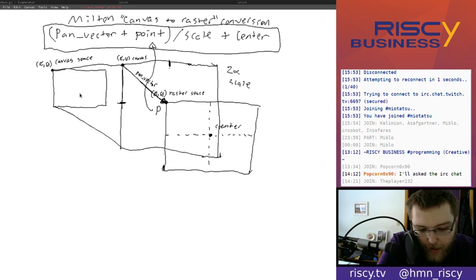Essentially, what we're looking at here is, this is the 1x scale here. So we're looking at this essentially, but it's blown up 2x. So instead of this vector that would go along here, it's this vector, so a longer pan vector is the difference with the scale.